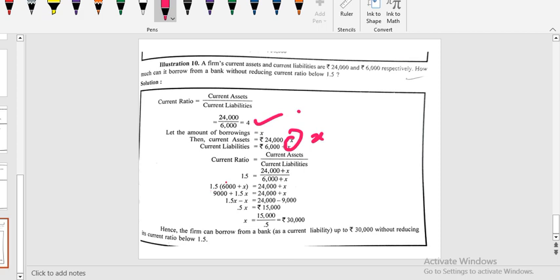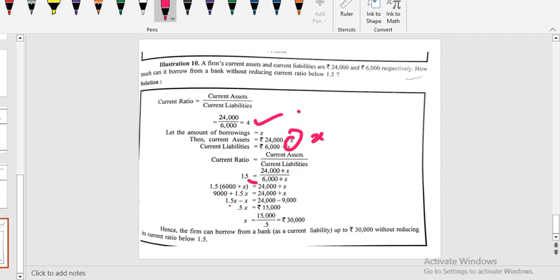So now we are cross multiplying it. 1.5 into 6,000 plus X is equal to 24,000 plus X. So 1.5 into 6,000 is 9,000 plus 1.5x equal to 24,000 plus x.